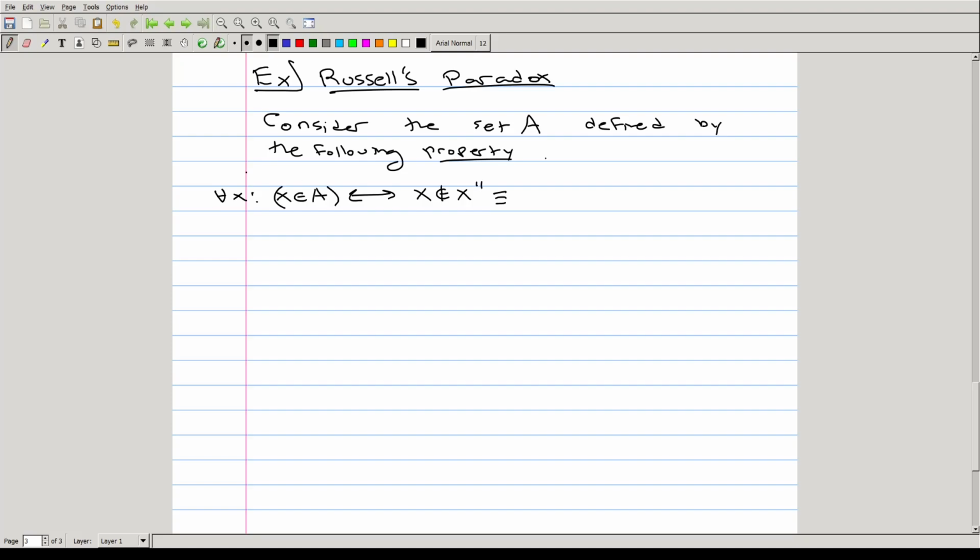So this statement right here is logically equivalent to the statement that x is an element of A if and only if x is not an element of itself.